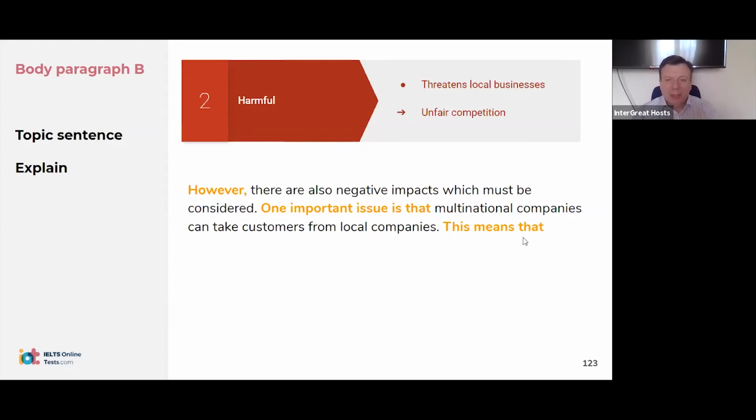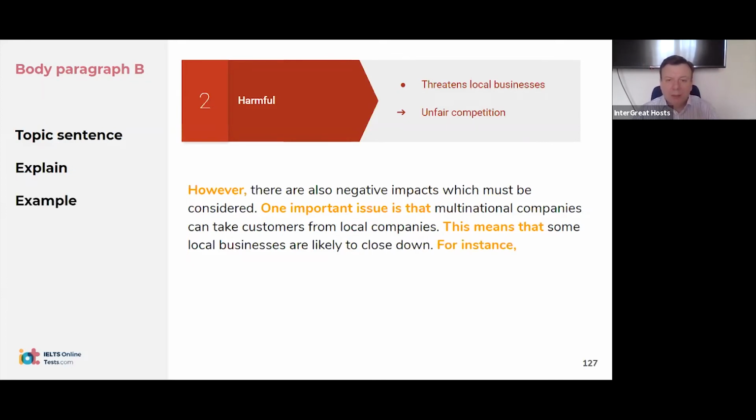And then we're going to explain, this means that some local businesses are likely to mount, yeah, good. Yep, that would also work. William, yeah, that would work. Tatiana, yeah, that would work. So we've put close down.